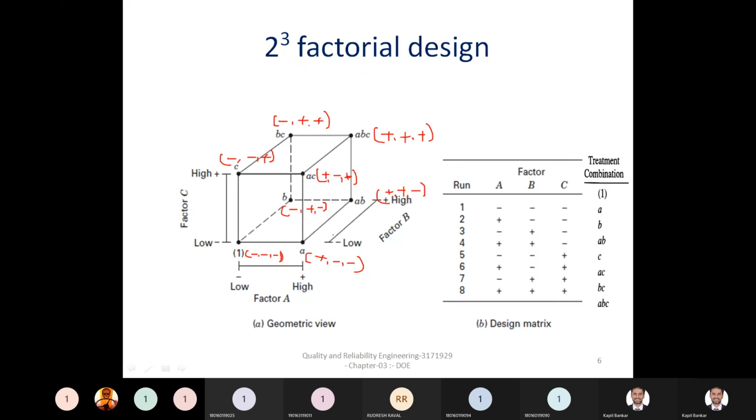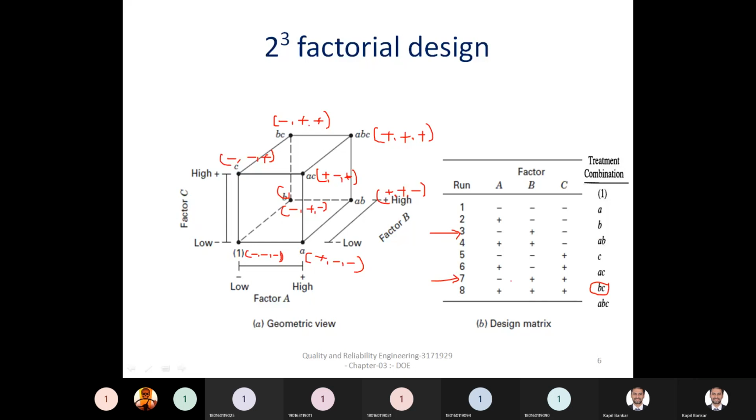Now compare this, or just pick any one. Suppose B factor, that is 1, 2, 3, third number, B: minus, plus, plus. So where is B? Yes, B. So minus, plus, minus, minus, plus, minus. Take any one, 7 number. So which is 7 number? 1, 2, 3, 4, 5, 6, 7. BC.